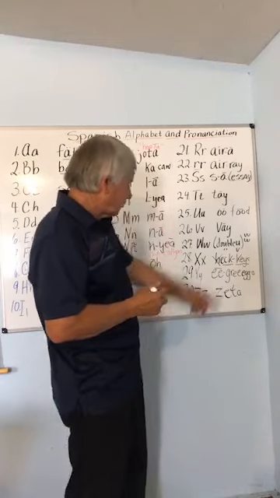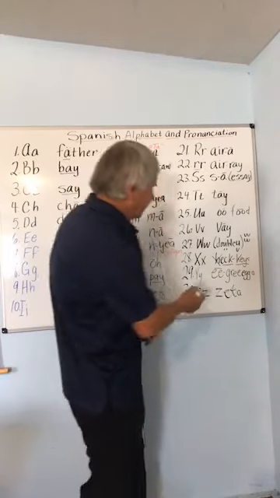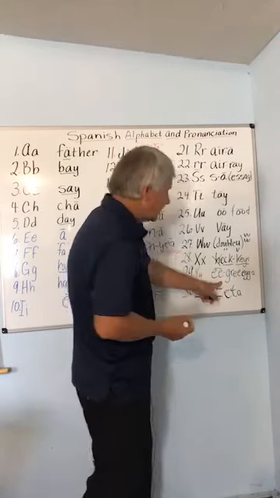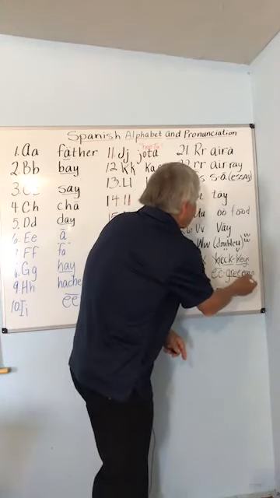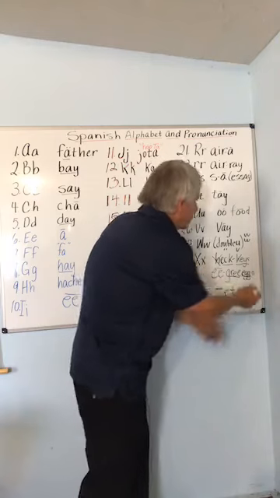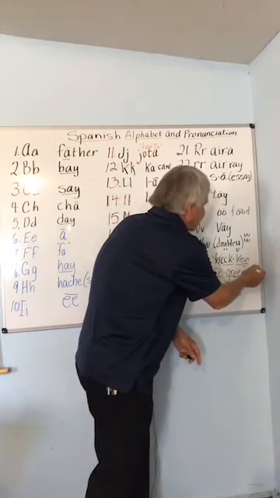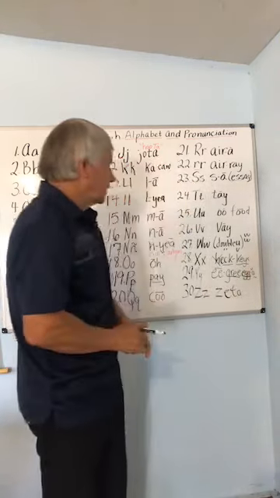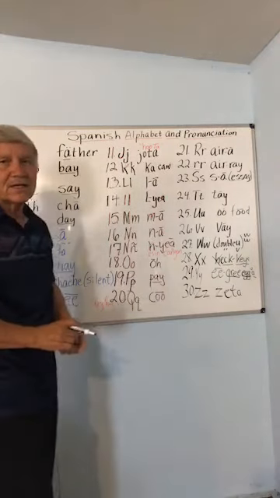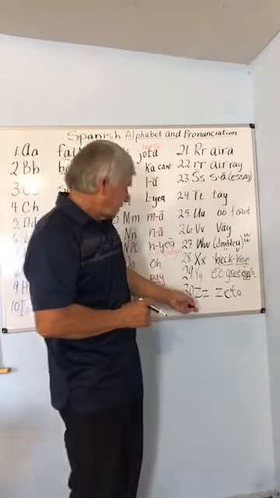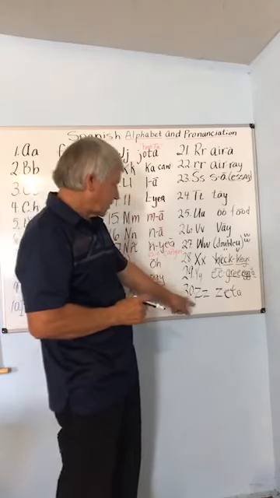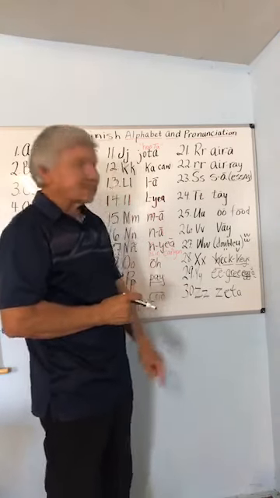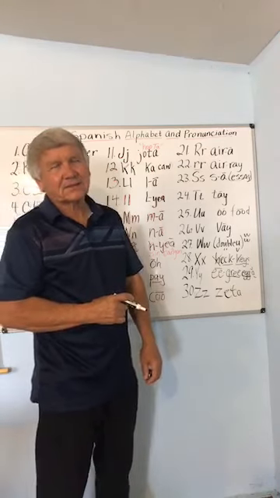Y in Spanish is, the name is two E's together, E, gray, egg. Now this one is short. Y, okay. And then number 30. This is zeta. Okay.